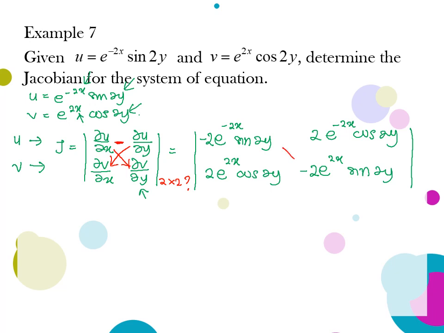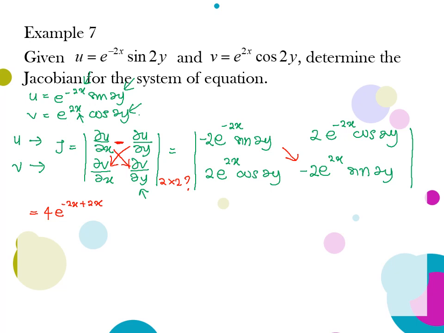Cross product this, you will get negative 2 times negative 2, that will give you 4. For your exponent, you need to use the property where in the multiplication of two exponents, the powers become addition. So negative 2x plus 2x. Check the property of exponents for multiplication or division.